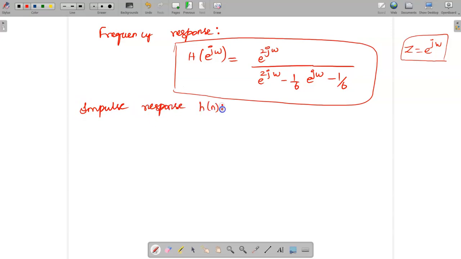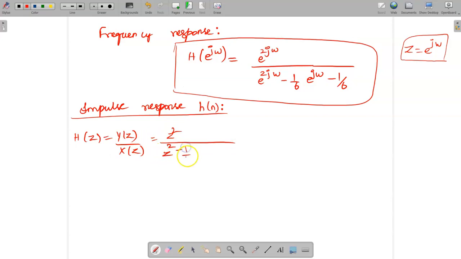For that, again let me take the previous transfer function expression, that is H of z is Y of z divided by X of z, which is nothing but z square divided by z square minus 1 by 6 z minus 1 by 6.